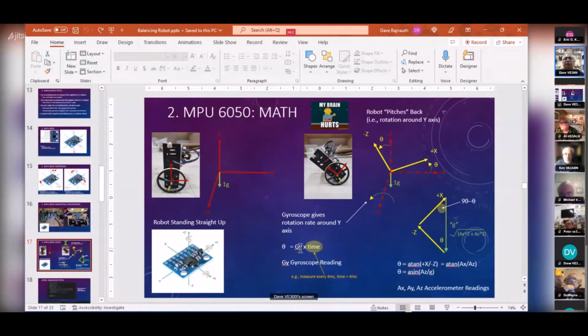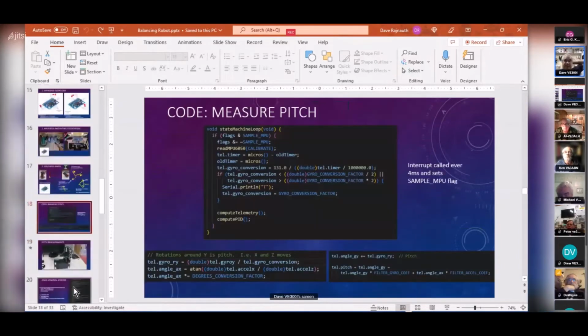Same thing with the gyro. The gyro spits out a value around the y. If I multiply that by the time between my measurements, it'll give me the actual angle. So for example, if I make a measurement every 4 milliseconds, I just multiply the number that's spit out by the gyro by 4 milliseconds, and it gives me the angle. So that's all I want to talk about, that stuff.